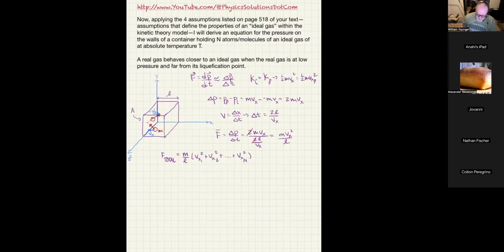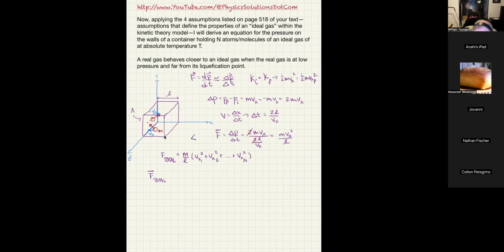Now, you might think that hasn't brought us any closer, but it actually has, because we can figure out exactly what the average is by computing the average of both sides of this equation. So if I take the average of F total, and that's supposed to be a bar, the bar over the top is a way we indicate average.